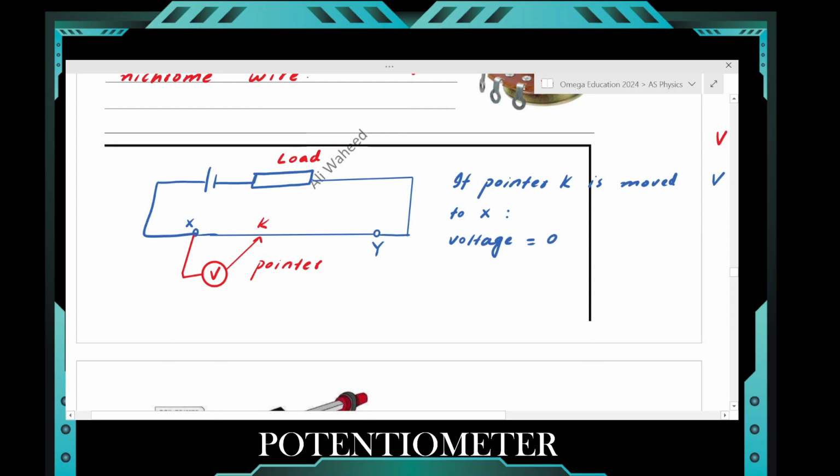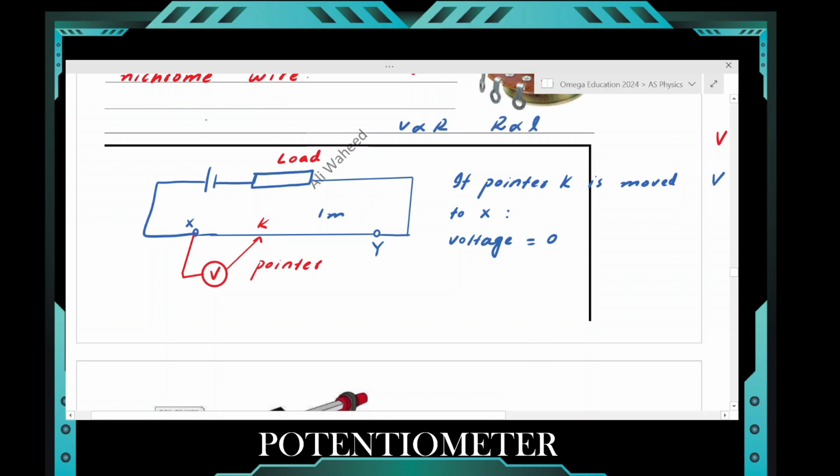And then the question could be, why would the voltage reading be 0? Because the voltage is proportional to resistance. From X to Y, it was 1 meter long. And voltage is proportional to resistance, and resistance is proportional to length.